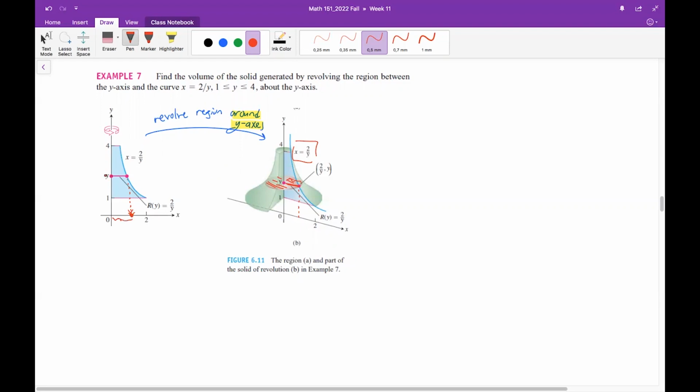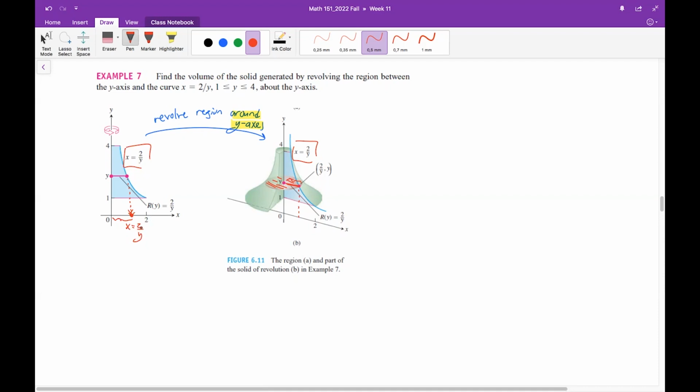This point can be expressed as 2 over y because this is the point on your curve, and this curve has the equation x equals 2 over y. So for the image y, you need to hit this point on the x-axis, which is given as 2 over y.